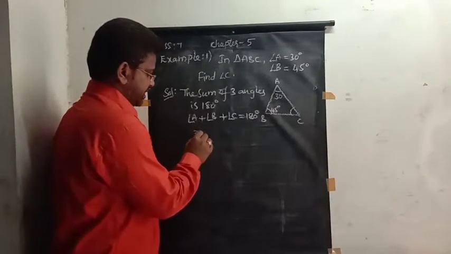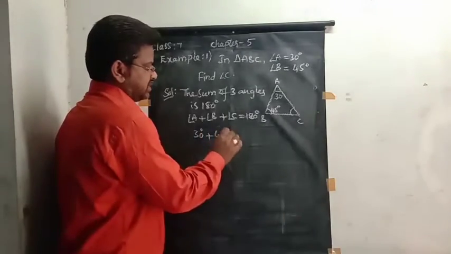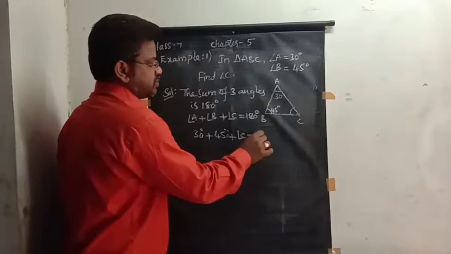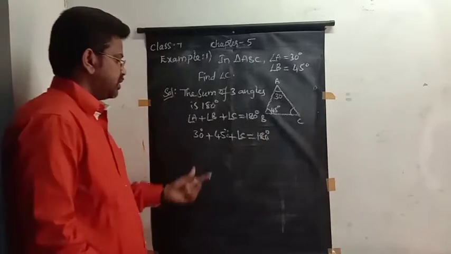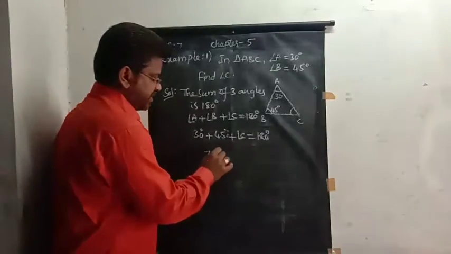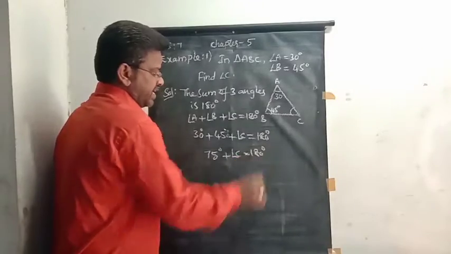Angle A, 30 degrees, plus angle B, 45 degrees, plus angle C, we don't know, equals 180 degrees. So we have to add them. This is 75 degrees plus angle C equals 180 degrees.